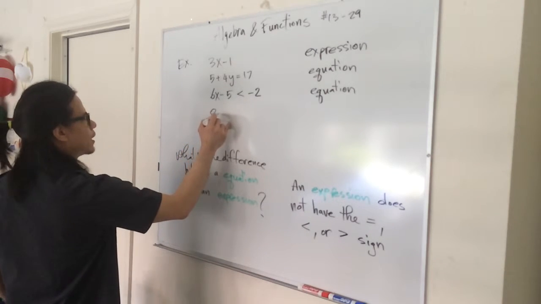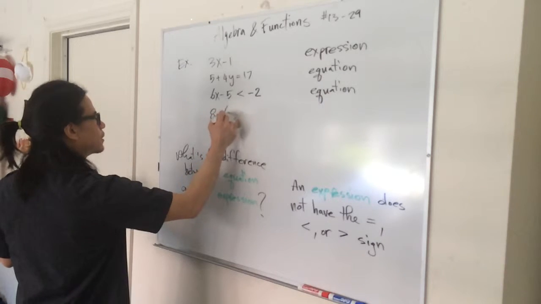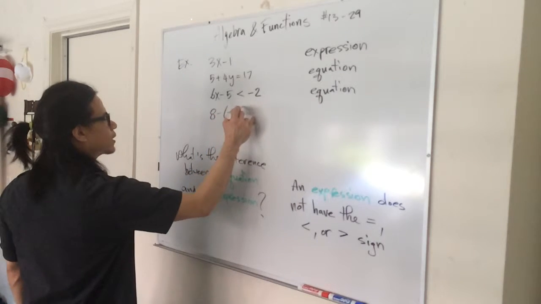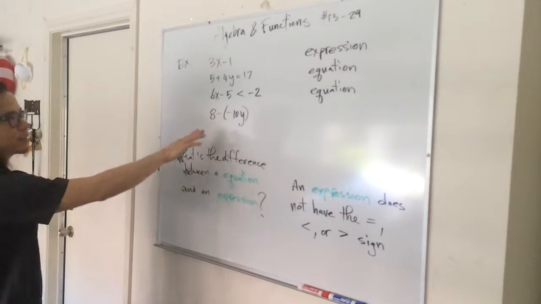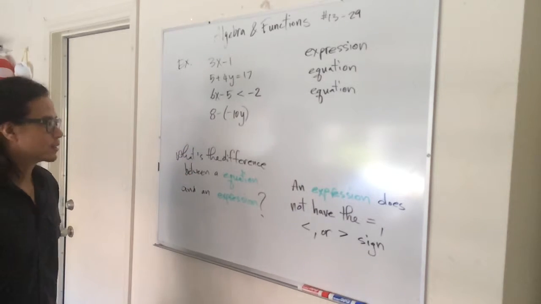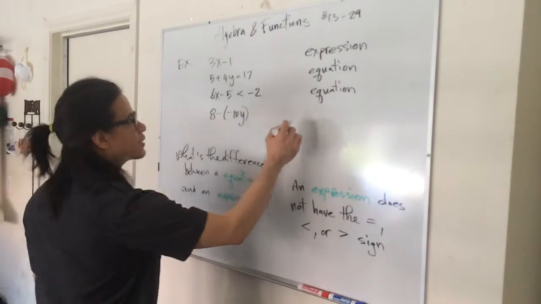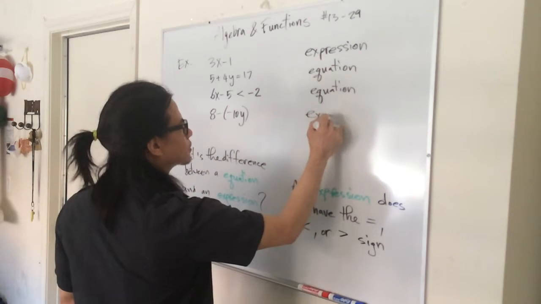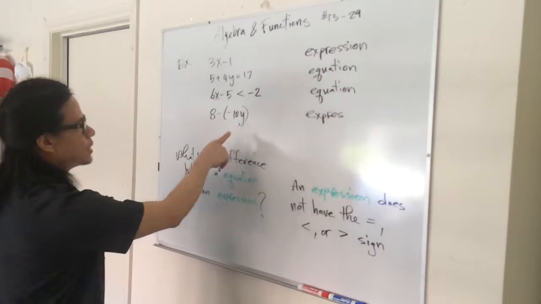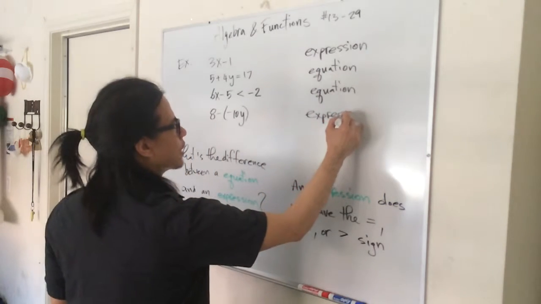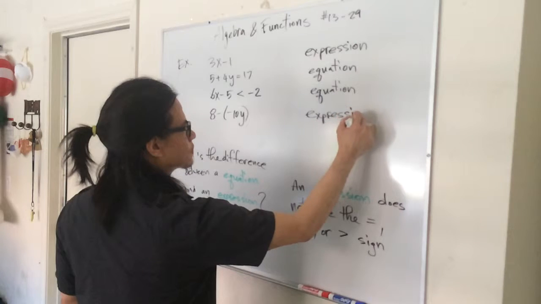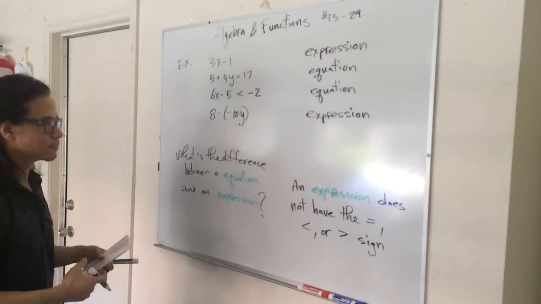One more. 8 minus negative 10y. Is this an expression or an equation? If you say expression, you are correct. You don't have any equal, less than, or greater than sign there. Good job.